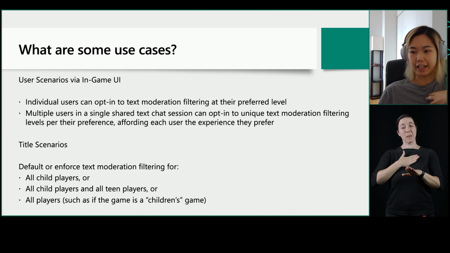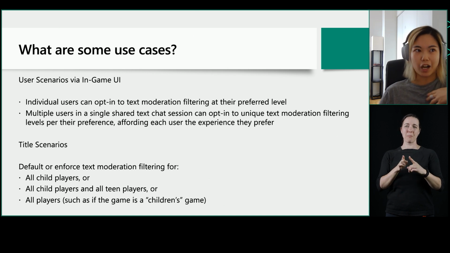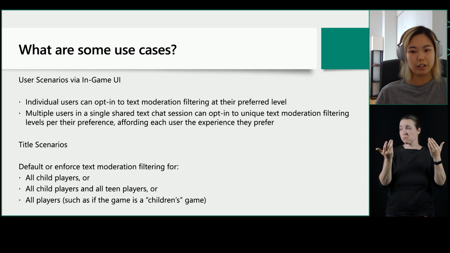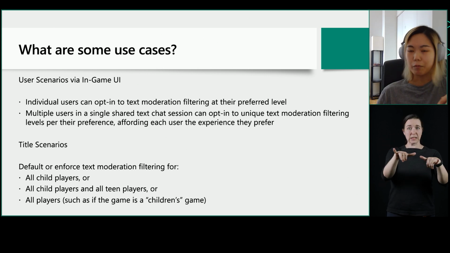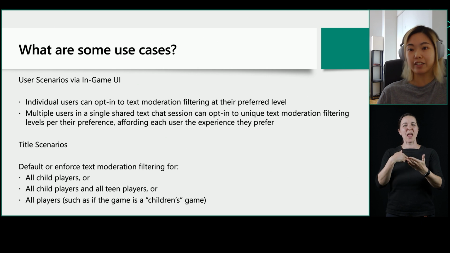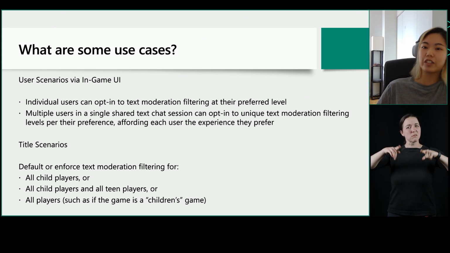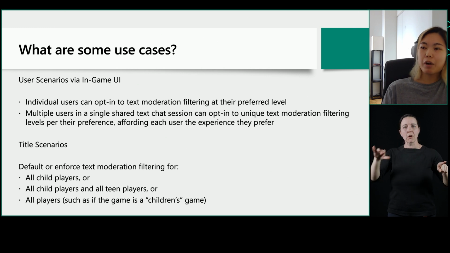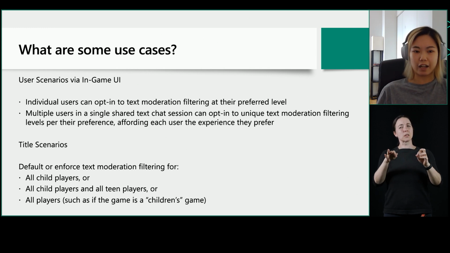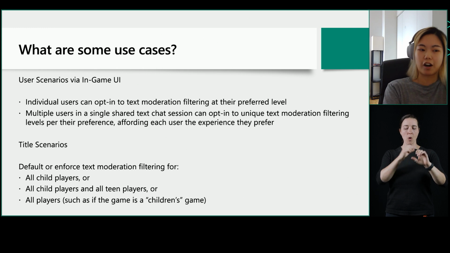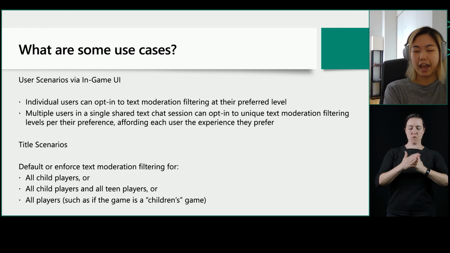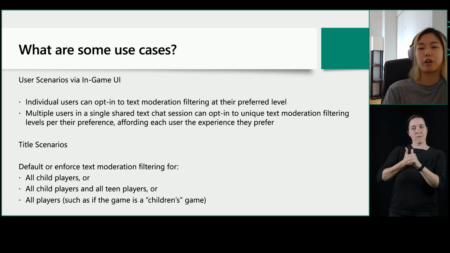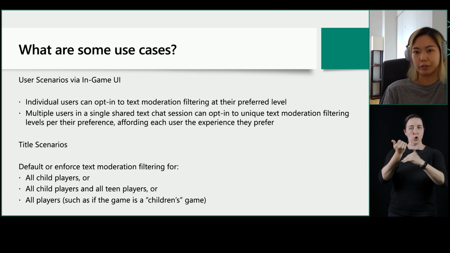I personally feel like my tolerance is medium, but there's probably some kids or other adults in the same multiplayer game that probably have different tolerances. And we can all have different tolerances. It doesn't really matter. The party text moderation allows us to all put in our threshold, and the filtered text will come in according to my preferred level.